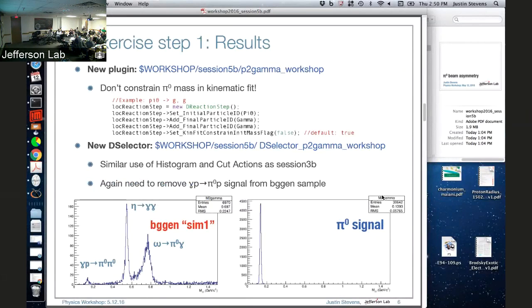So with the cuts that are defined here, you can go in and look at some of the details if you want, but with some pretty simple particle ID cuts, and the kinematic fit cut is especially powerful, you can get a pretty clean sample, 4,000 events in the peak here relative to 10 or 20. So this is the sample that we'll be looking at for looking at the beam asymmetry.